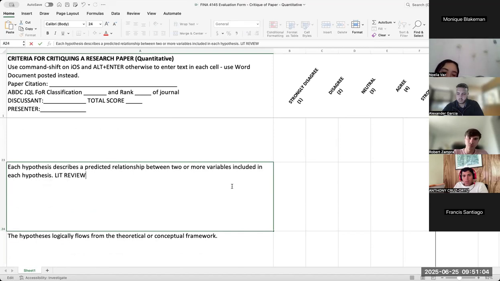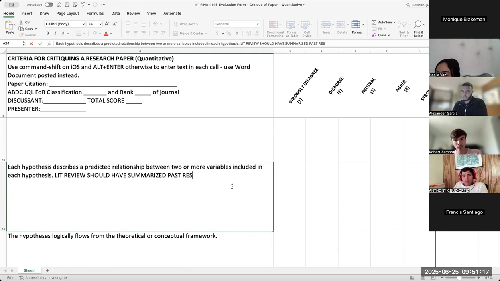The lit review should have summarized past research if it existed. If it doesn't exist on what you're doing, you say there was a gap. This relationship was not studied before, and I'm going to study it now.